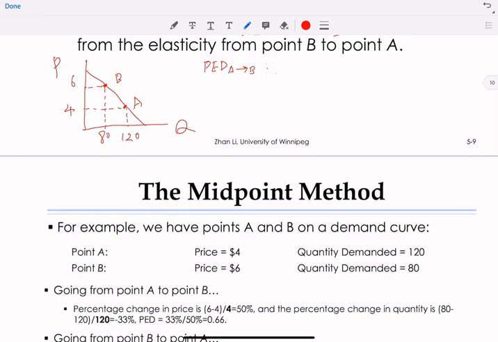Then you will calculate the division. So the percentage change in quantity is equal to, remember we are starting from A to B. So the initial quantity is 120.